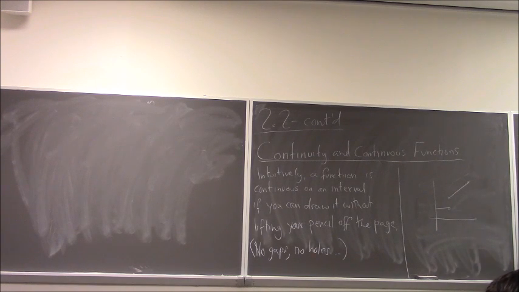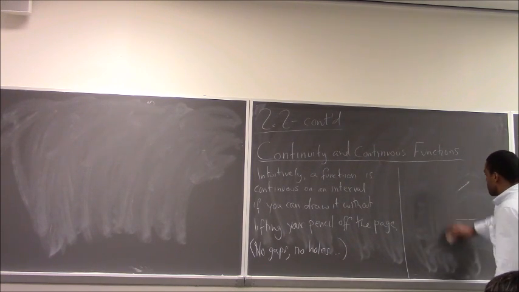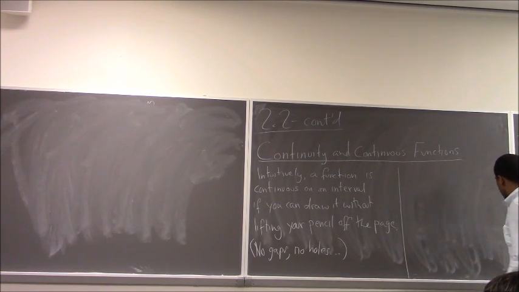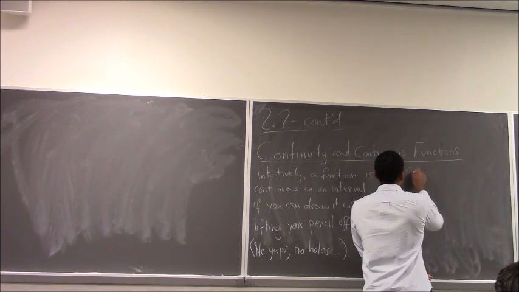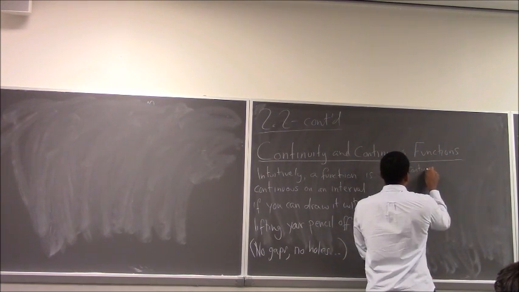But drawing is not always very efficient. So we do need some other way to be able to tell when something is continuous. I'm just giving you some examples here.